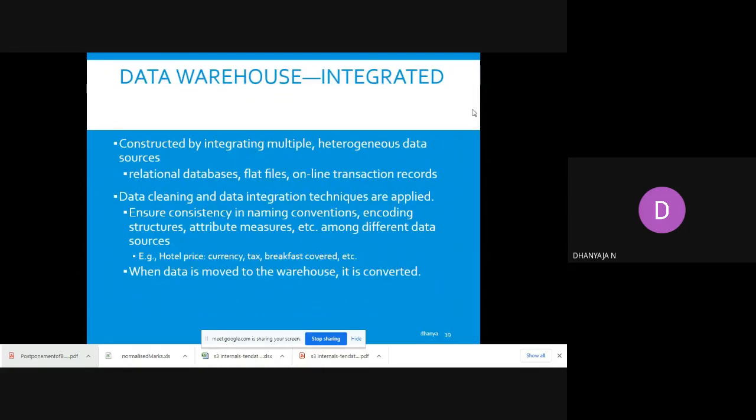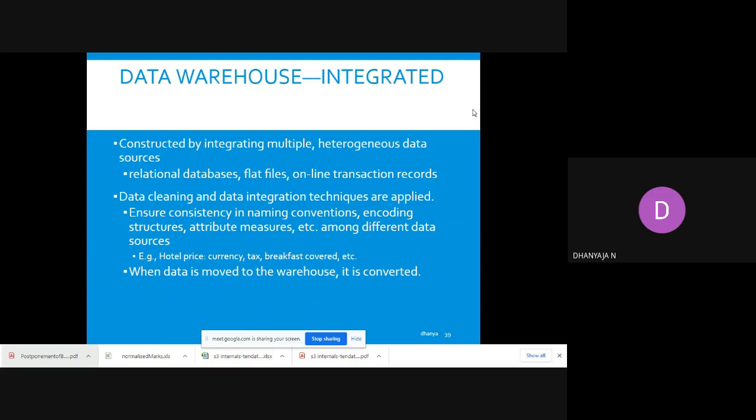Next is integrated. Why are we saying integrated? It is constructed by integrating multiple heterogeneous data sources. Here, relational databases, flat files, and online transaction records are all there. After doing the data cleaning and data integration techniques, we will apply it.